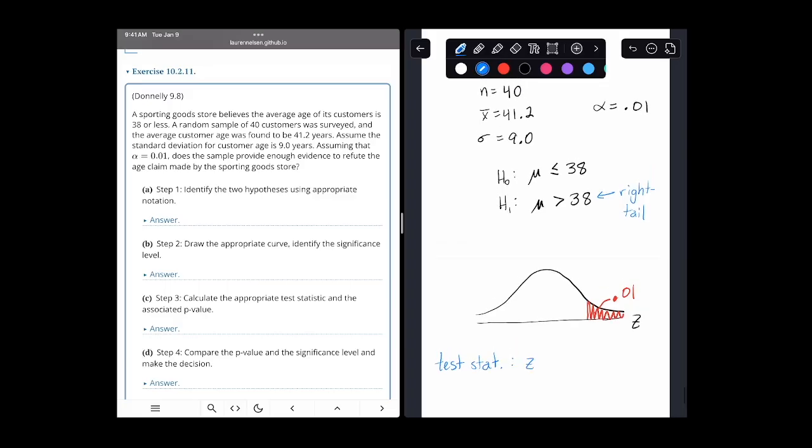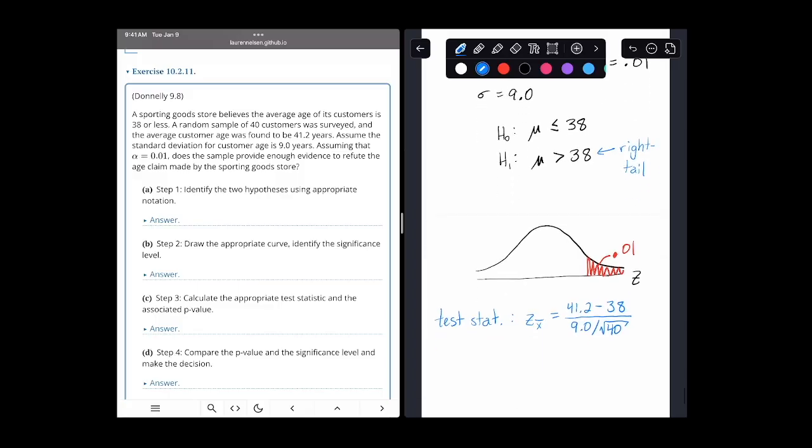Our test statistic is going to be x bar, which is 41.2, minus the mu from the null hypothesis, which is 38, and in the denominator we'll have sigma, which is 9.0, divided by the square root of n, which is 40. We'll switch to Excel and see what this test statistic is.